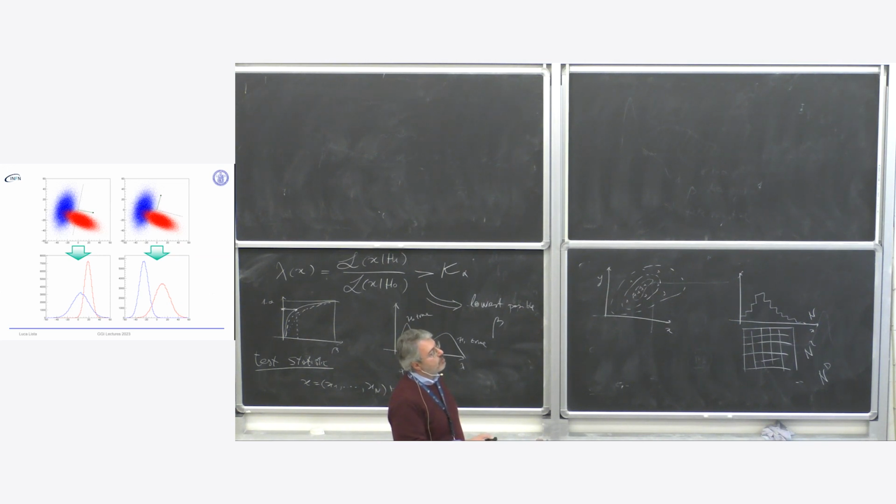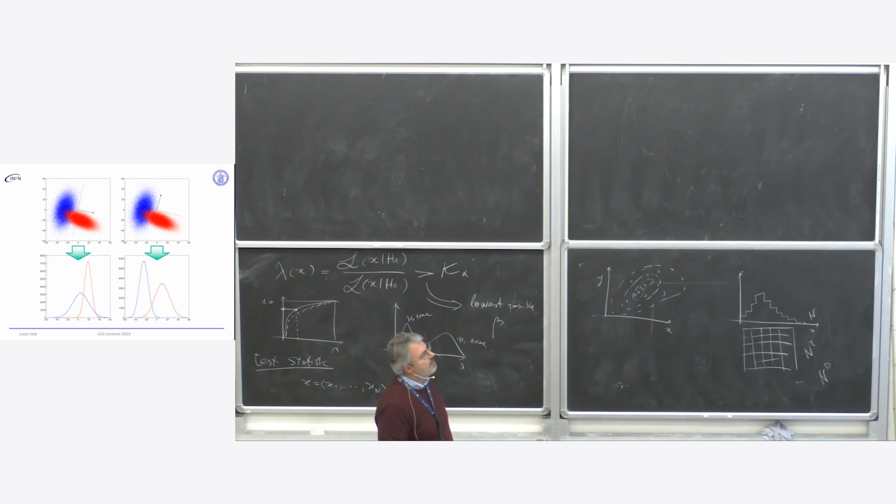I take this green direction, for instance, and I project the data on this direction, okay? So basically I take every point and project it following the line which is perpendicular to the green direction. In this case, the projection gives you the blue and the red one. You see, the red one is more on the right and the blue is more on the left. If I take this direction instead, the blue points are here and the red are the other one.